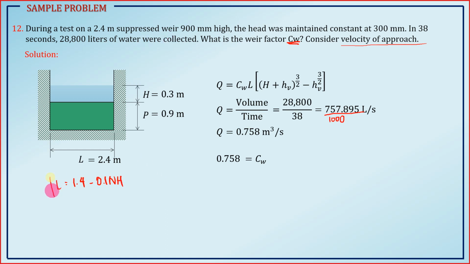Yung mga binabago lang natin na length ay contracted weirs. Ayan. So, L natin ay 2.4 na agad. Okay? Then, we have this quantity. Yeah? And yung H natin, that is the head of our liquid from the water surface hanggang sa top ng ating weir. That is 0.3. Ayan. Then, for HV, this is the head, velocity head of approach.